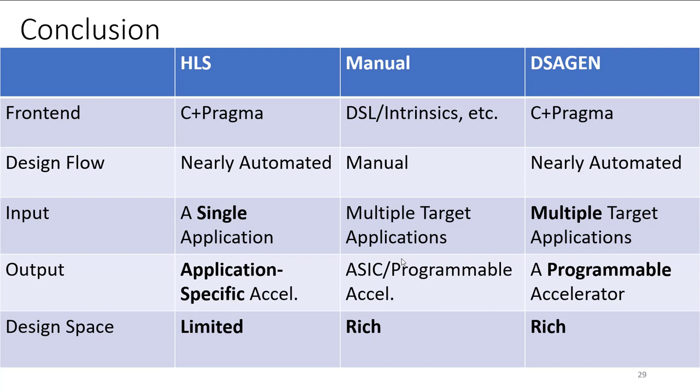This is enabled by specializing for multiple workloads at one time in a rich design space. Ultimately, we strive to achieve the same level of specialization as manually designed specialized accelerators, but with the productivity of automation. There are many remaining challenges, which include expanding the design space, improving the speed and effectiveness of exploration, and enabling richer program transformations.